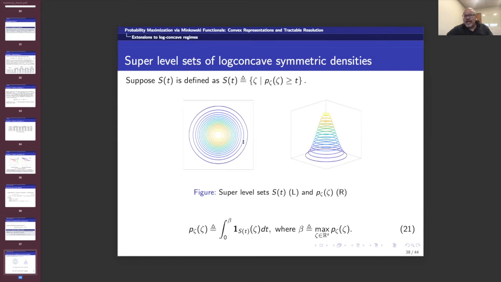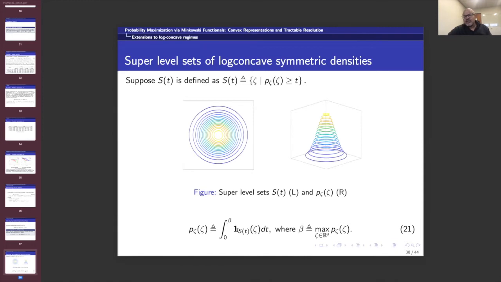And on the right you have what the density looks like. As I mentioned, it's symmetric about the origin. And the density itself can be written as the integral of the indicator function with respect to S of t, defined at zeta.